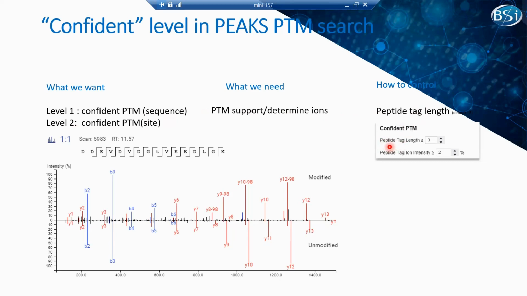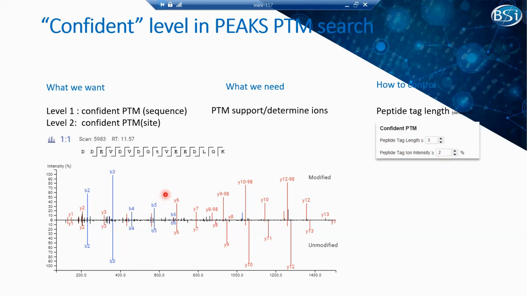Here we use the length of the peptide tag, which means you find support ions that cover the PTM site, and the length is at least 3 amino acids. The second is the ion intensity of these support ions. By default, for each support ion, the relative intensity must be higher than or equal to 2%.